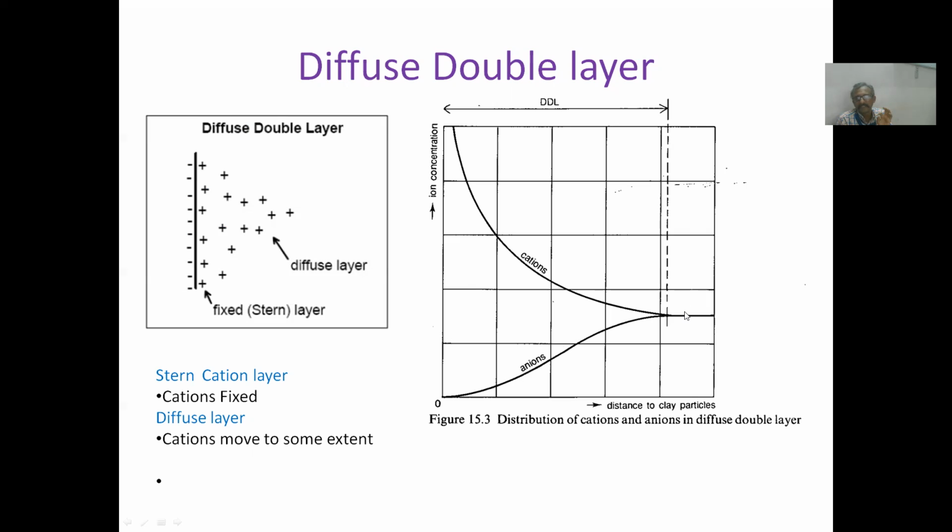The effect of the clay particle on the charges, on the cations, has ceased. So until this point, this is the diffuse double layer. After that, this is free water.